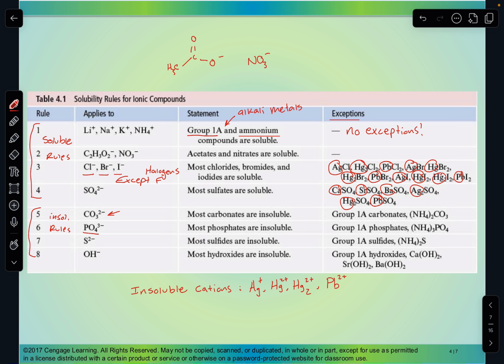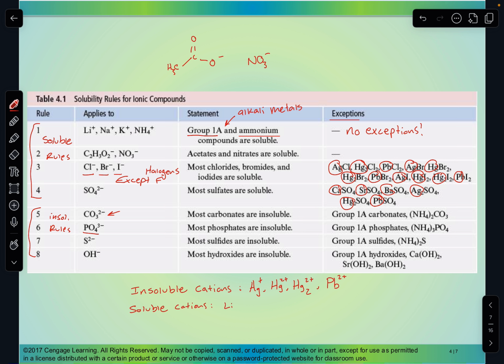Phosphate as well is going to be insoluble, except if you have the alkali metals or ammonium. And so let me just write this down. So soluble cations.